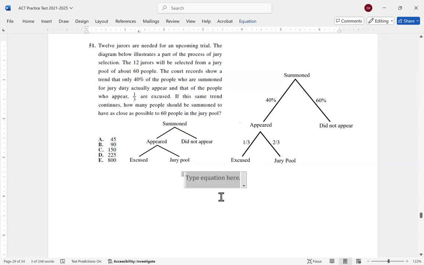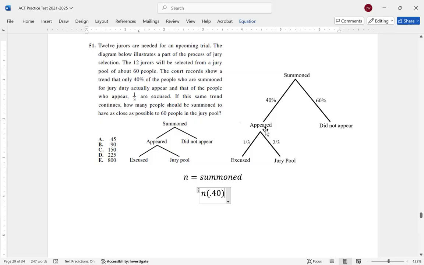Now we want our jury pool to be of size 60. If I let n be equal to the number of people summoned, then what we're saying is that I have to multiply that times 40%, that's 0.40. That's how many people appear.